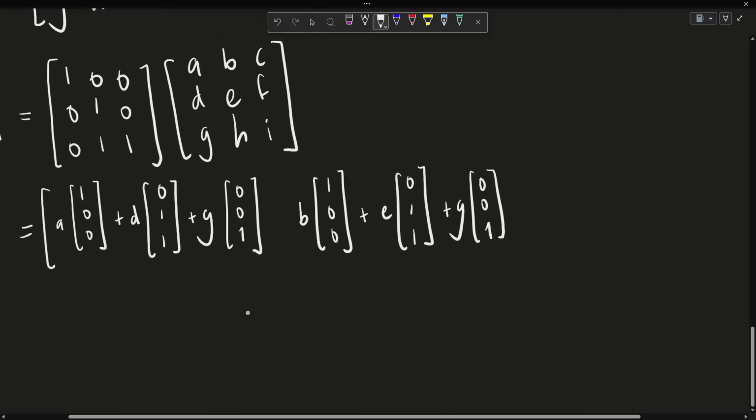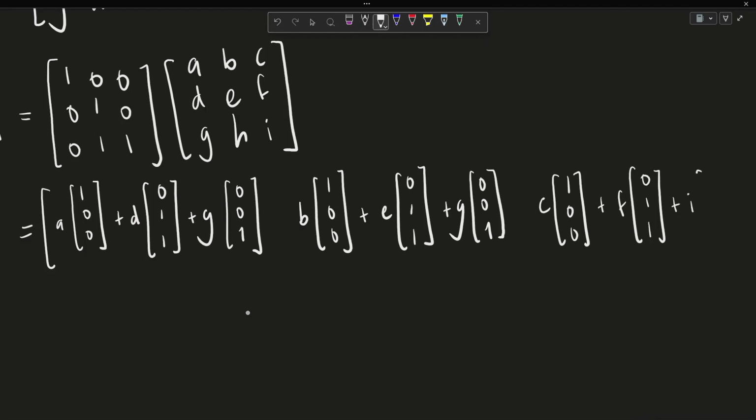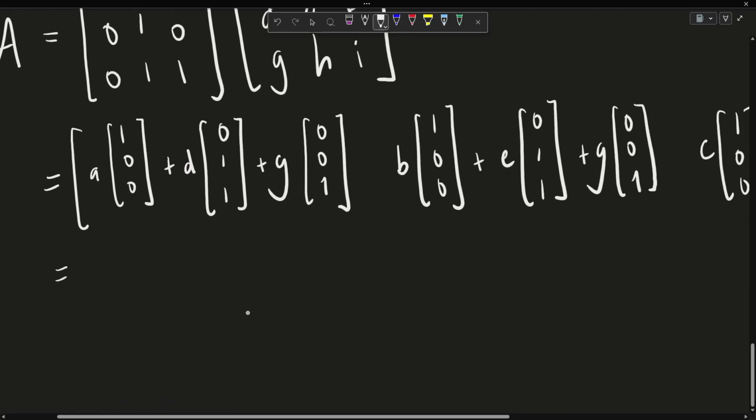And again, we'll take our third column, C times 1, 0, 0, F times 0, 1, 1, and I times 0, 0, 1. And finally, this one's a bit more complicated to attempt to visualize, so let's do it in 2 steps.